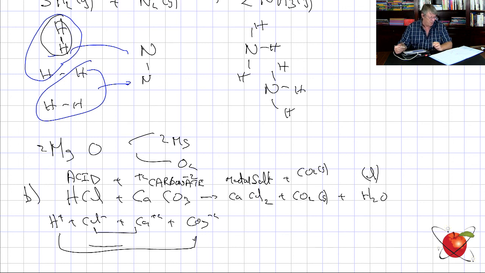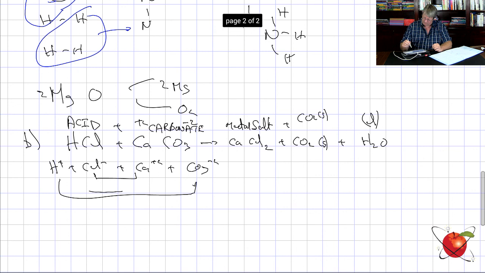First of all, we take it and have a look at this. Let's start off with the metals. Calcium and calcium is balanced, so I can say, I've balanced you and I've balanced you.